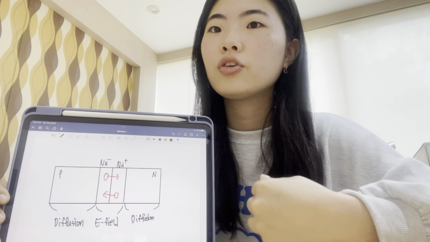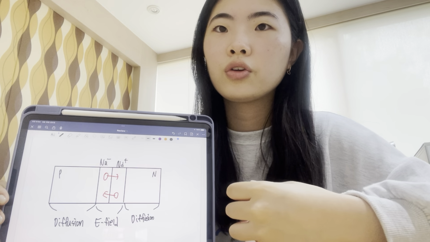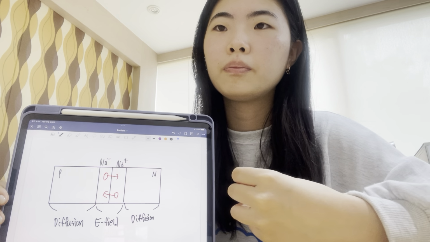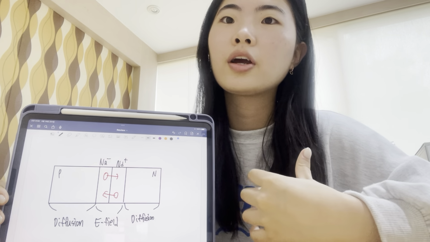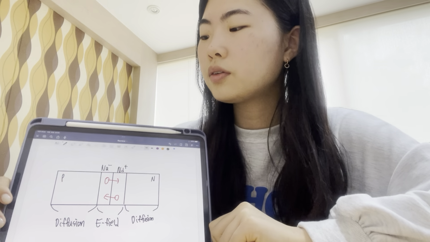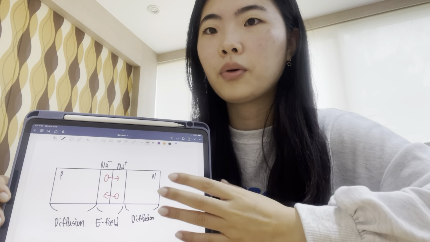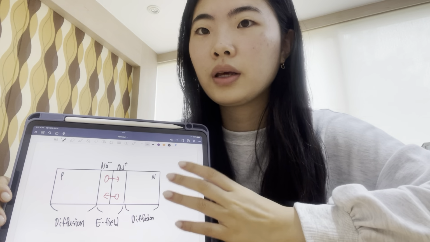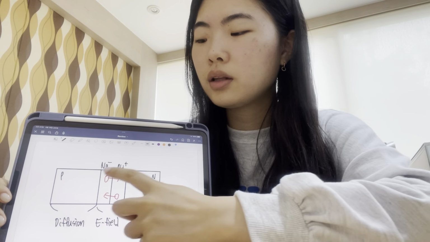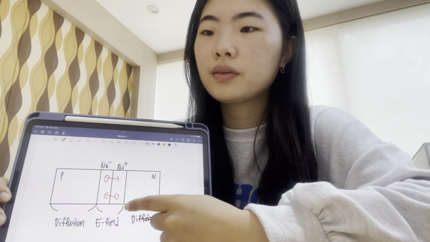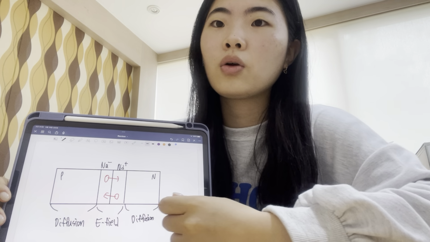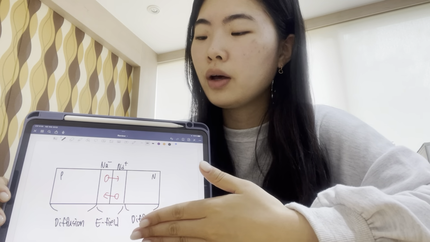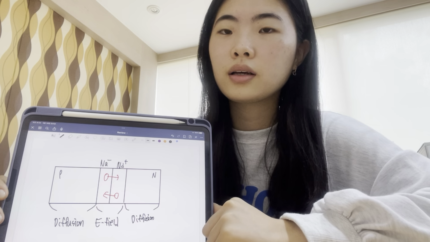So we should make an effort to make a bigger depletion width. In this p-n junction, in the depletion region, the electron and hole will move by the electric field.